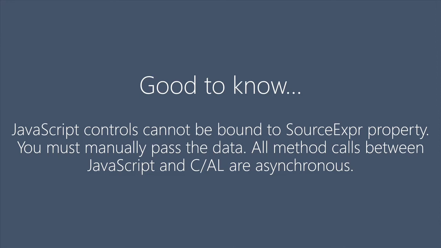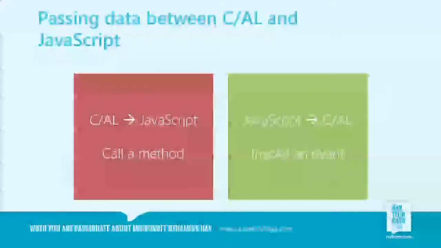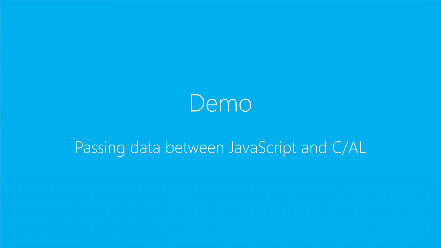If JavaScript needs something from NAV, it needs to notify NAV, I need this. And then NAV needs to call a method in JavaScript. So essentially, this is what you need to do. When you need to pass something from C/AL to JavaScript, you call a method. When you need to pass something from JavaScript to C/AL, you invoke an event. So let's take a look at how we can do that.